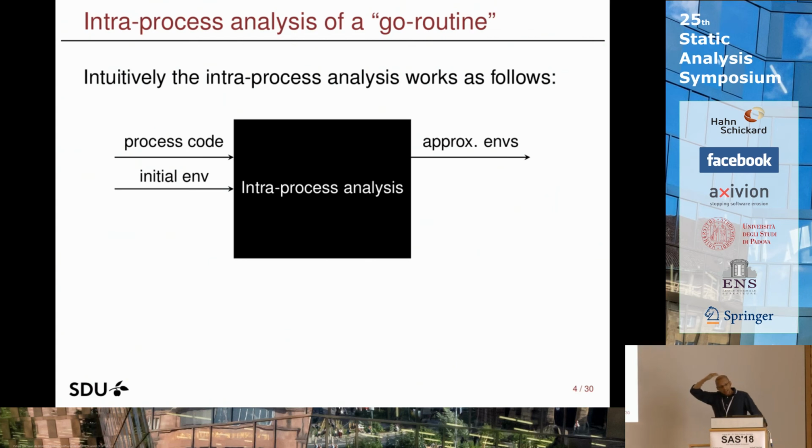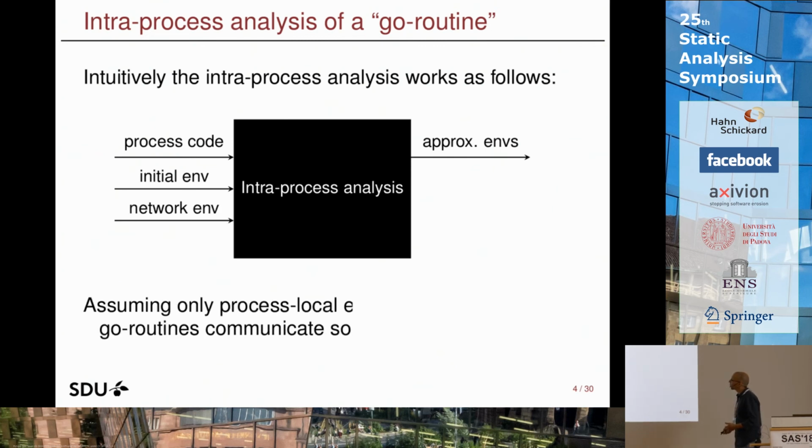So thinking classically, an intra-procedural analysis, or in this case, intra-process analysis, you would expect to receive as input the source code of the process in question, some approximate description of the environment, and then, at least in abstract interpretation, we compute some approximate environments from which we can learn information about the variables at the different program points.